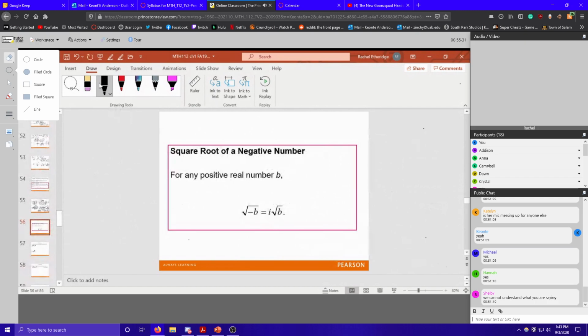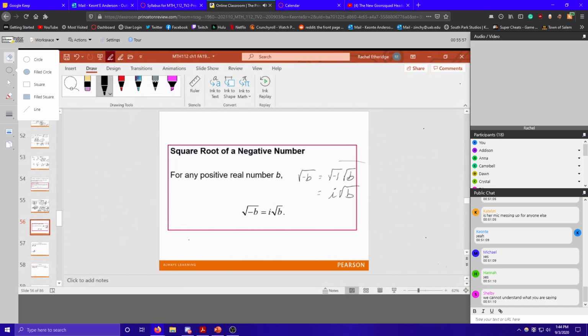So we've already established that the square root of -1 is i. So if we have the square root of a negative number, what we do is we can write that as the square root of -1 times the square root of b, and then that -1 just becomes i. So automatically from now on, when I have a negative under the radical, I'm just going to pull it out as i.